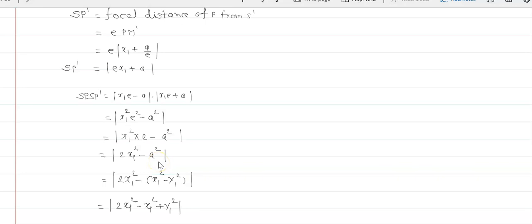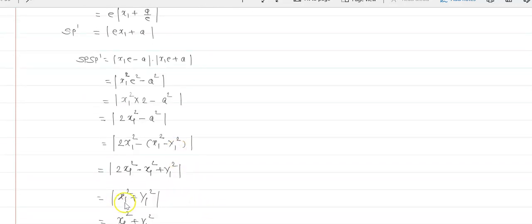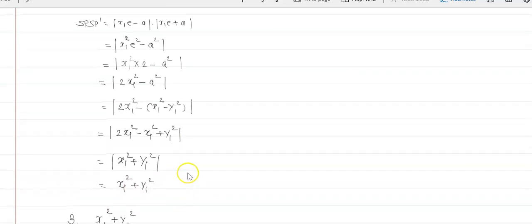And again, since the point P is on the hyperbola, a square is x1 square minus y1 square. If we simplify it, then you will get mod of x1 square plus y1 square, and that is nothing but SP into S'P is equal to x1 square plus y1 square. That is, the third option is the correct one.